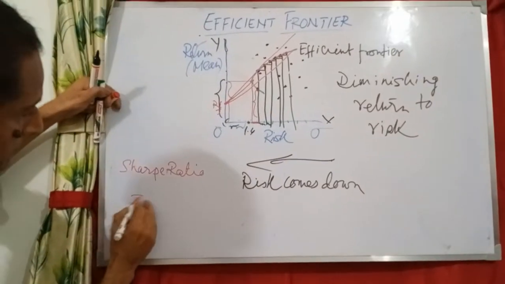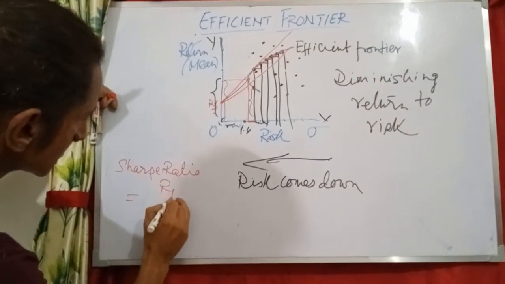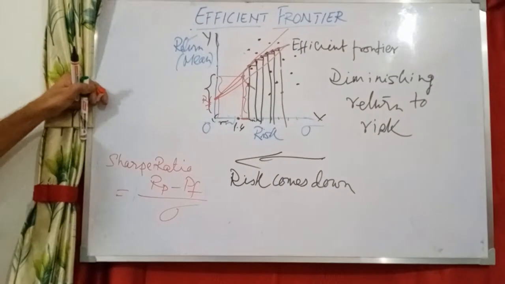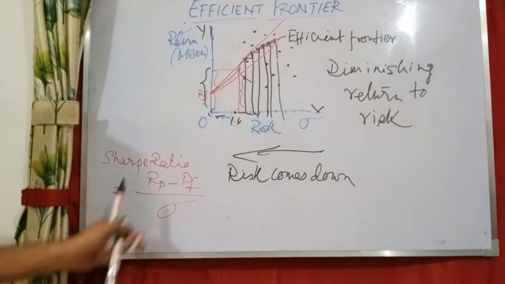Sharpe ratio is RP minus RF divided by SD, sigma.